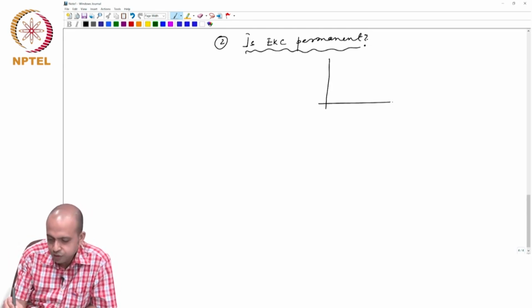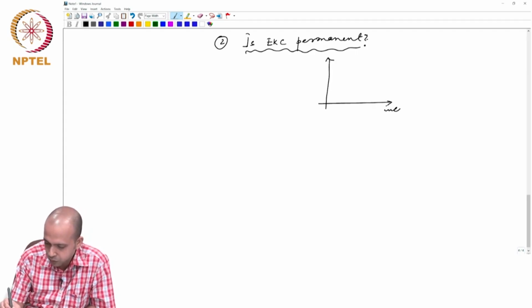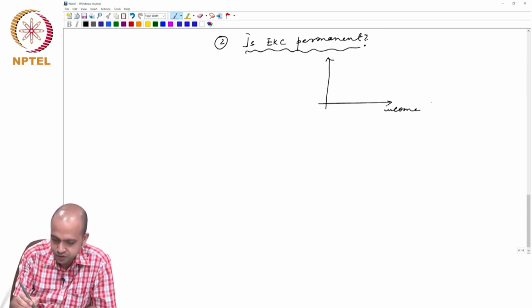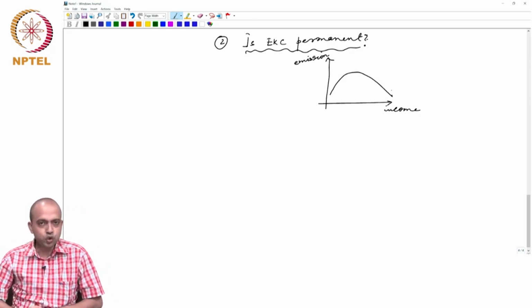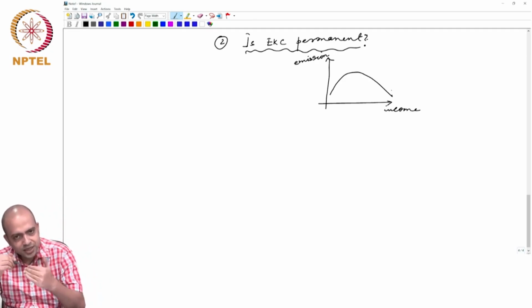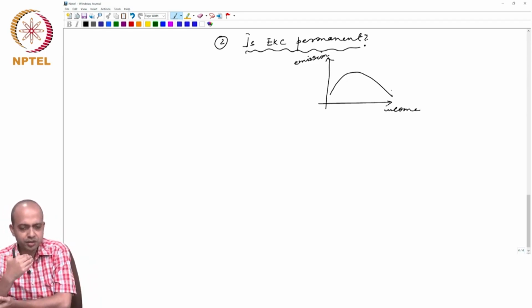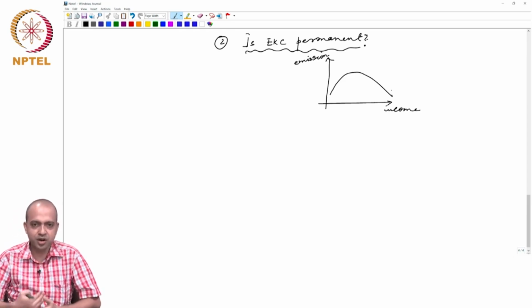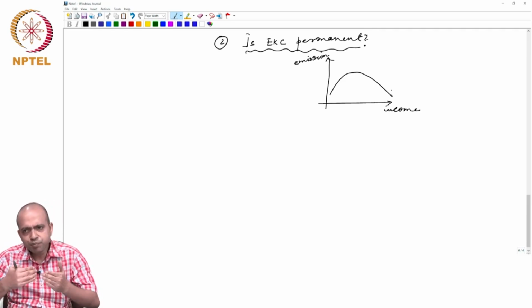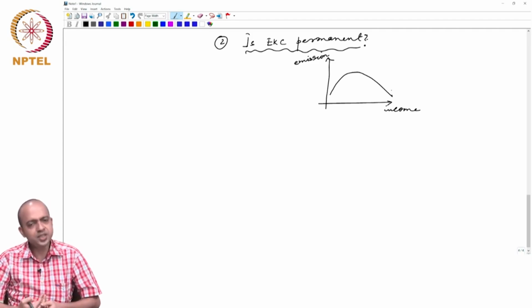So, when we measure EKC by, this is income, this is let us say emission, so what we assume that as income increases, environmental quality starts declining, that means emission per capita starts increasing, but this pressure on environment is temporary.